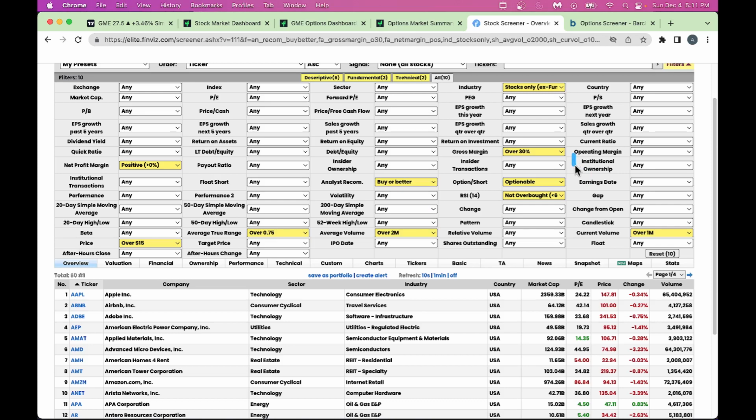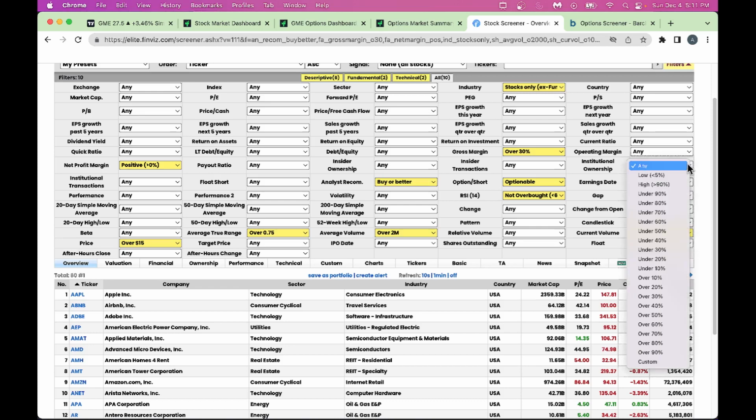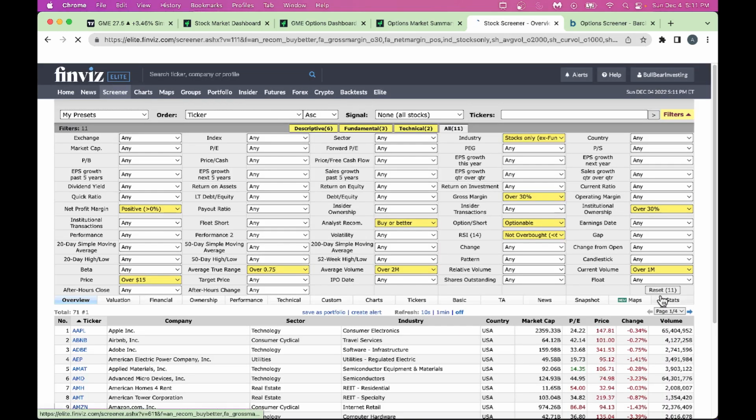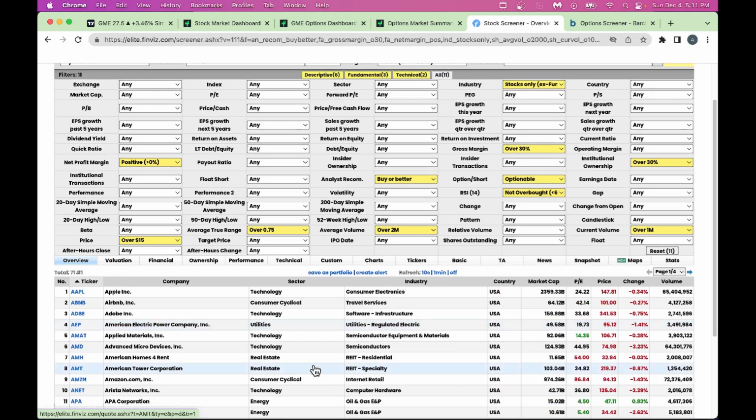Look, we have an attribute called institutional ownership. I typically like to see at least over, say, 30% institutional ownership. That way I'm not looking at some no-name stock. Over 30% will cut down from 80 to 71. So look, we got a respectable number of stocks here.